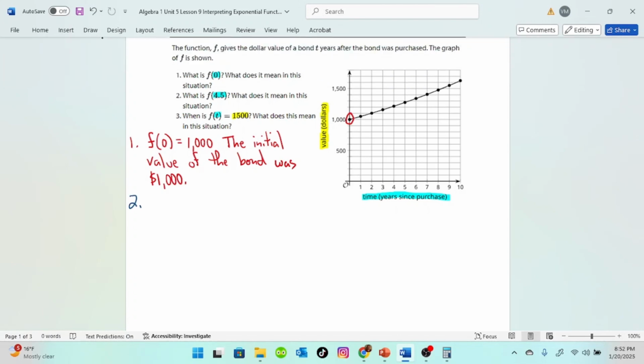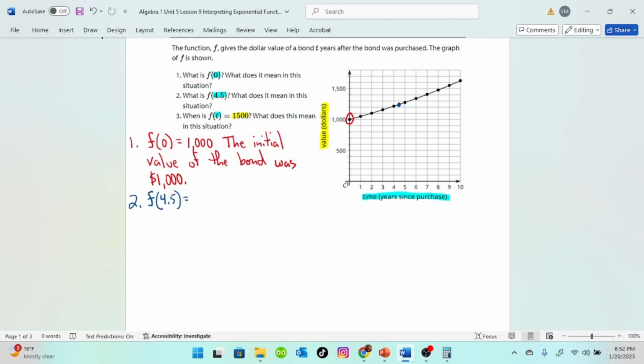Question number 2, what is f of 4.5? Well, again, that 4.5 is referring to the input. So we need to go over until time is 4.5 and then go up. And we have a point right here.